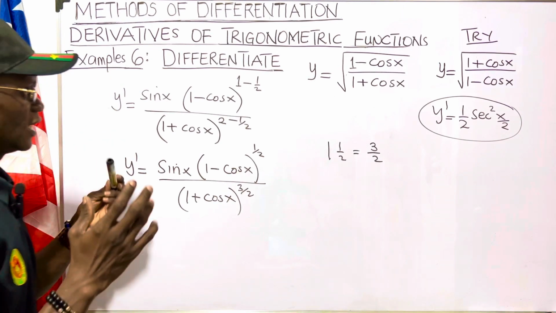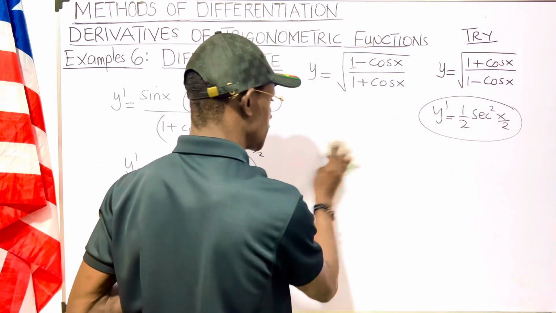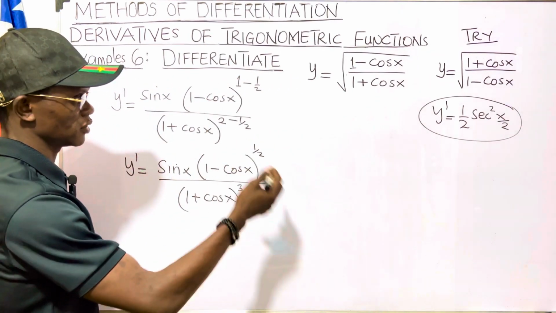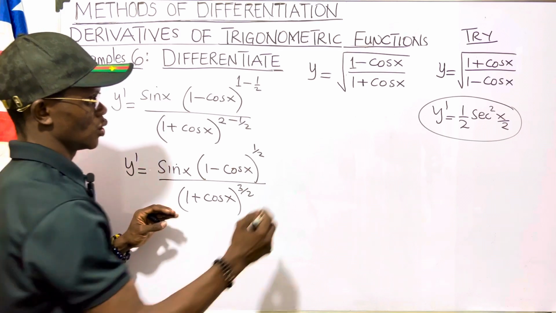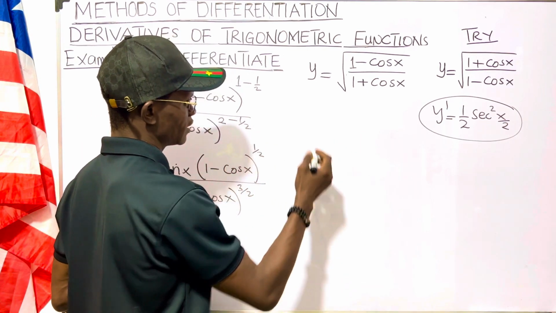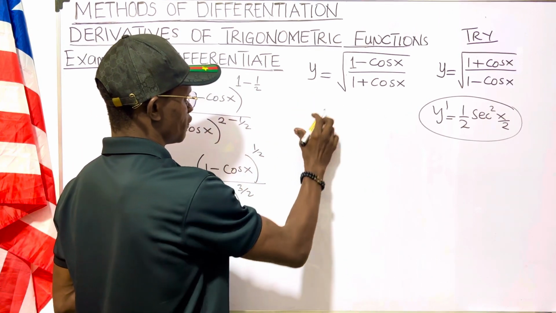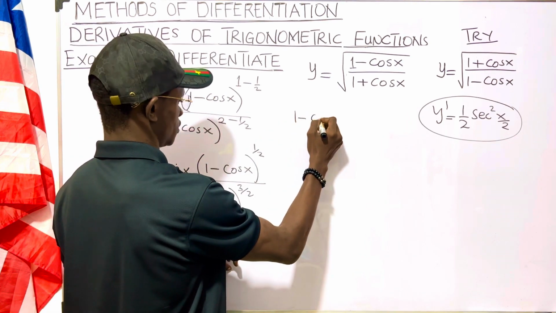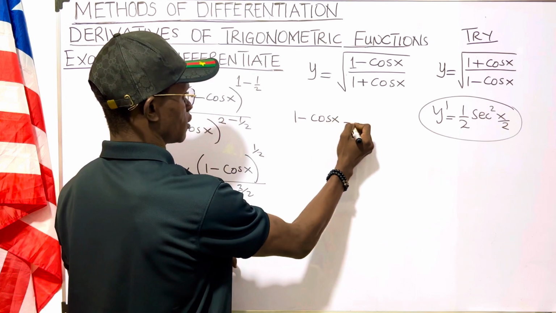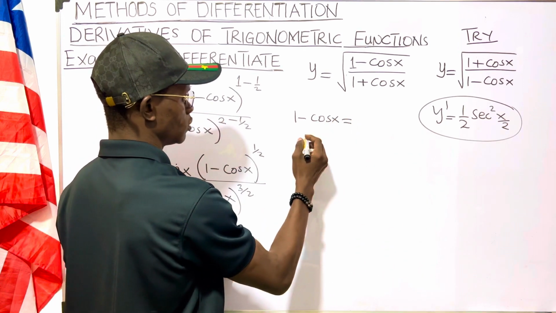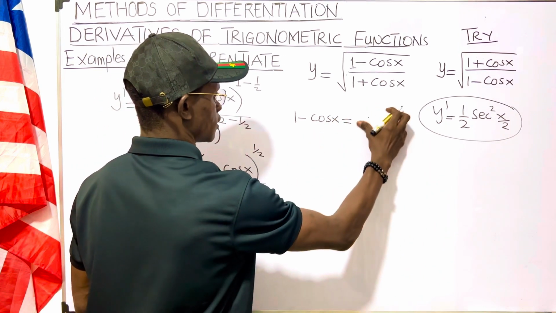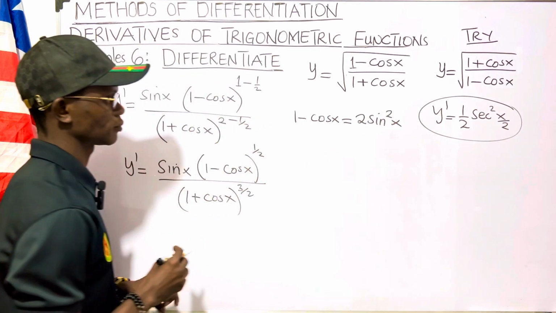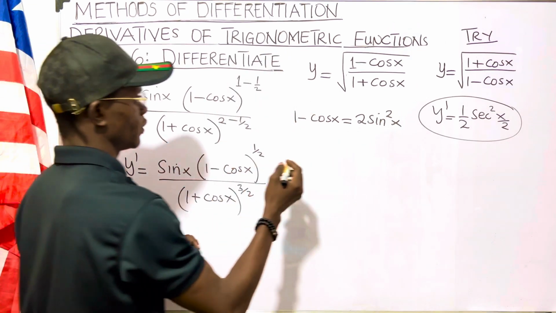Okay. The same thing that we did from the onset, the first method we used. We showed that 1 minus cos of x was equal to 2 sine square x over 2, the numerator, right?